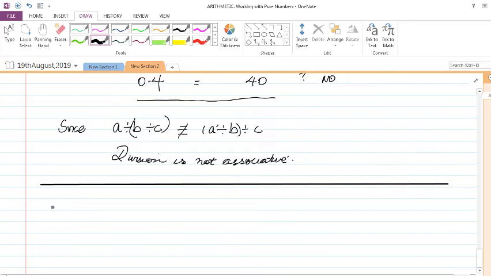So right now, for addition, addition is commutative. Addition is both commutative and associative.